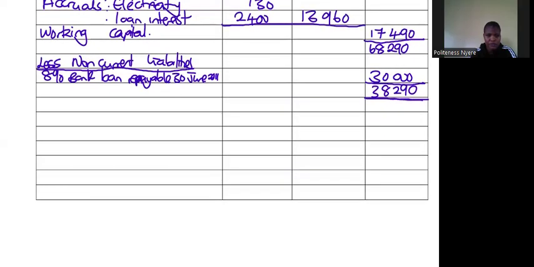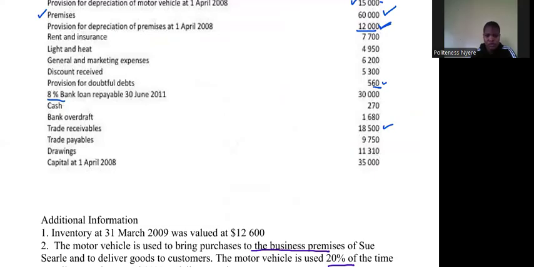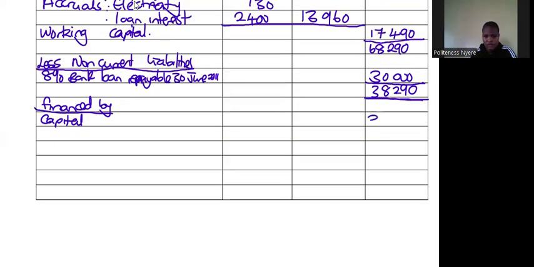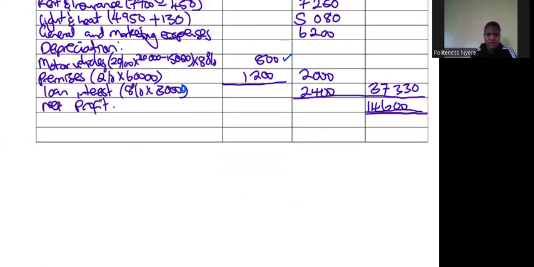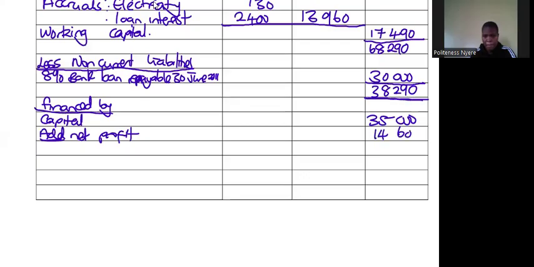So now we'll say financed by capital. Our capital was 35,000. Net profit. Our net profit was 14,600.